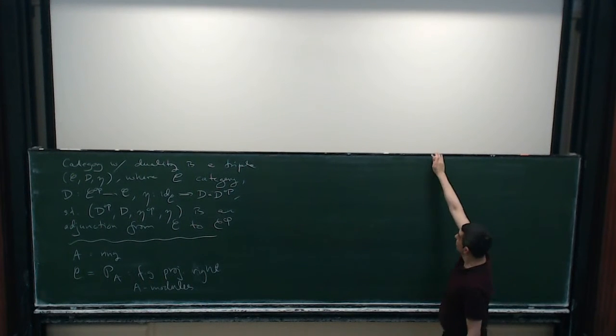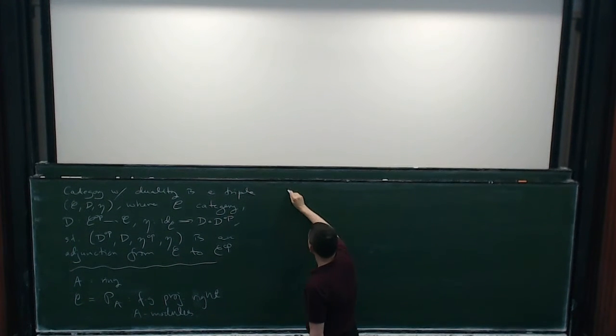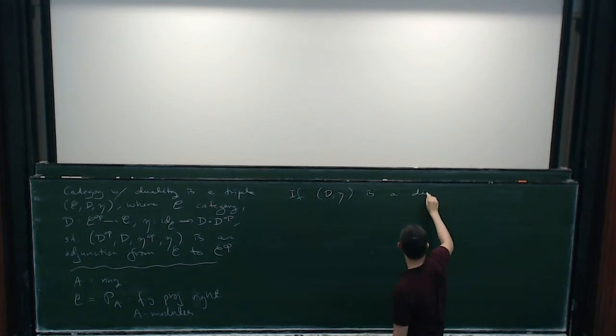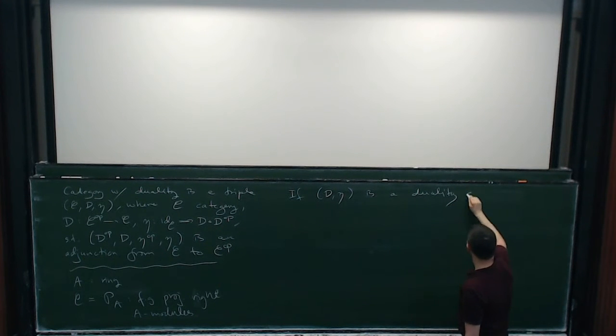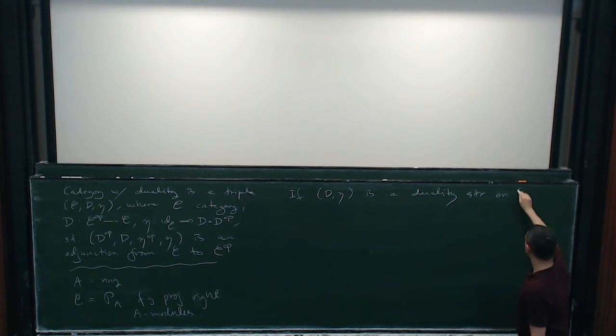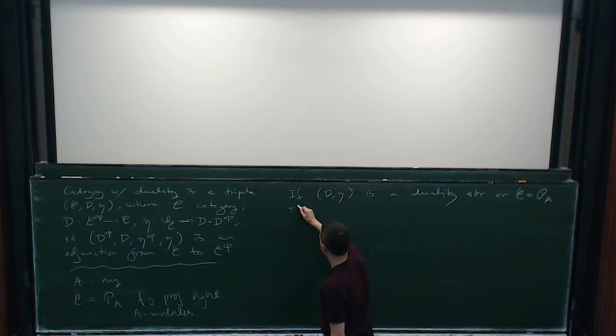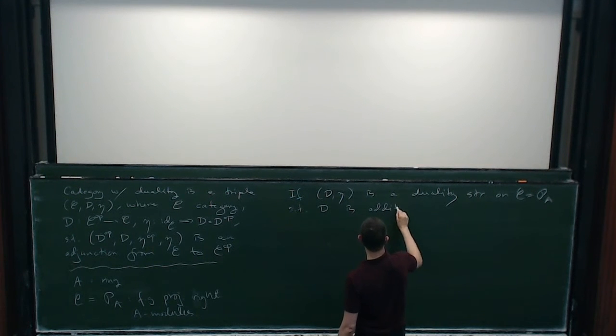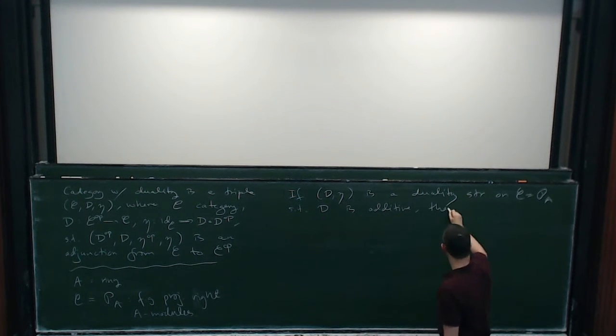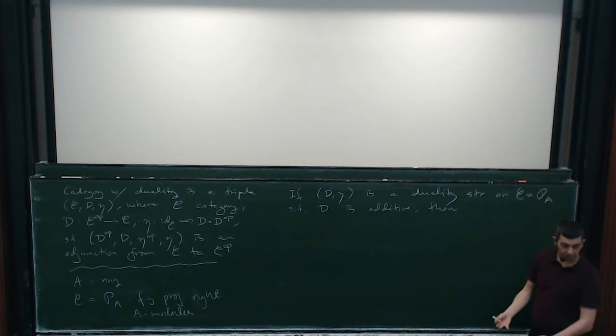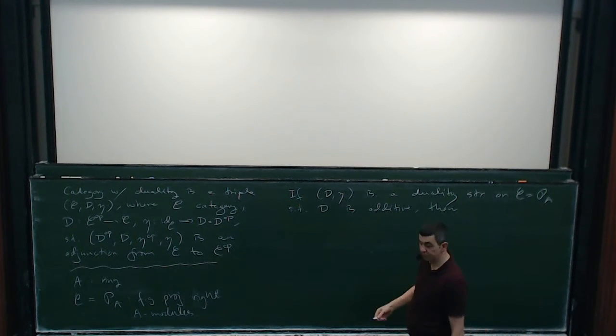So if (D, eta) is a duality structure on this category, such that D is additive, then what kind of data does that give us?